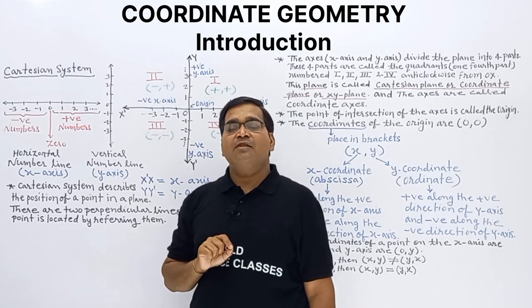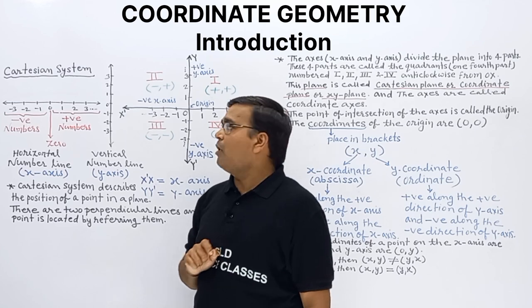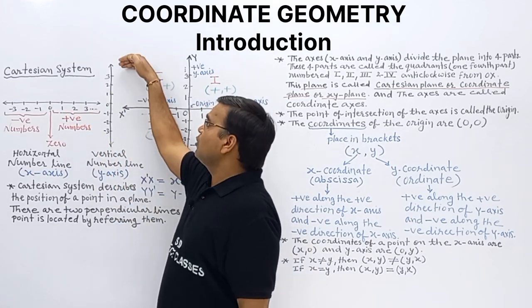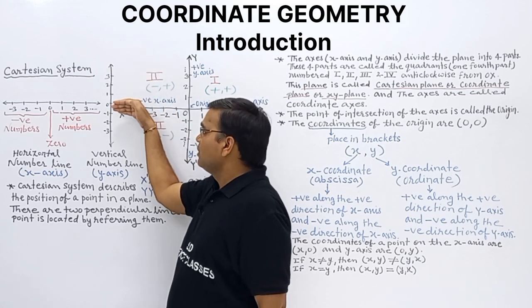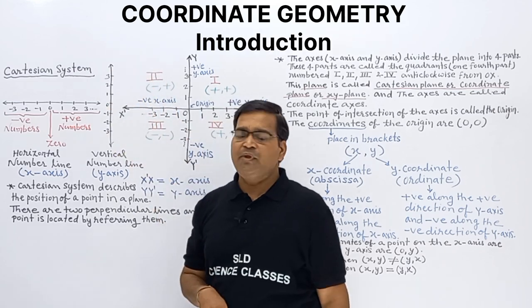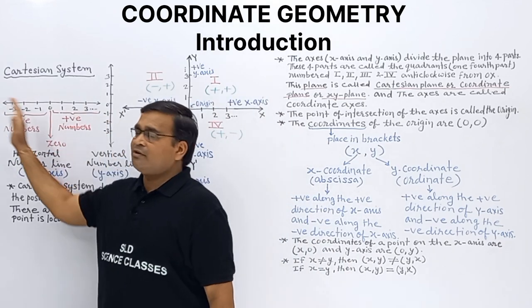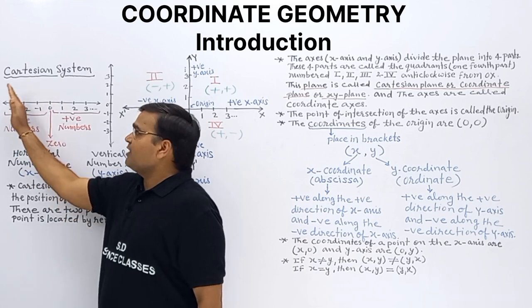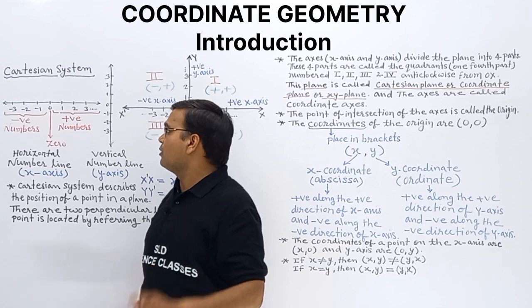On the basis of direction we also studied that towards the north we have positive numbers, and towards the south we have negative numbers. Towards the west, or towards the left, we have negative numbers.